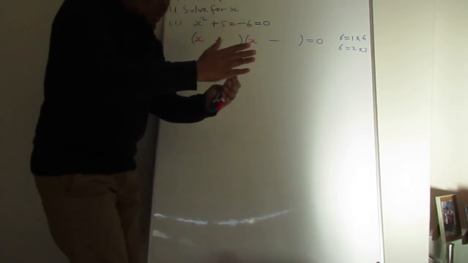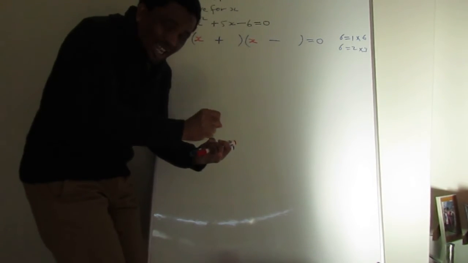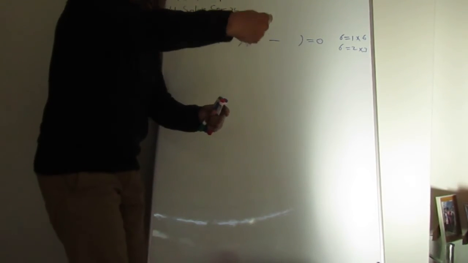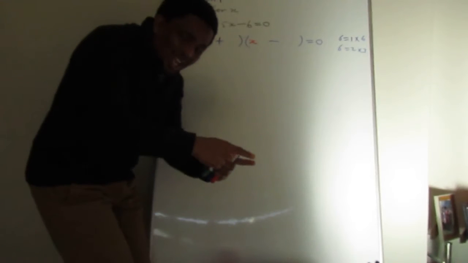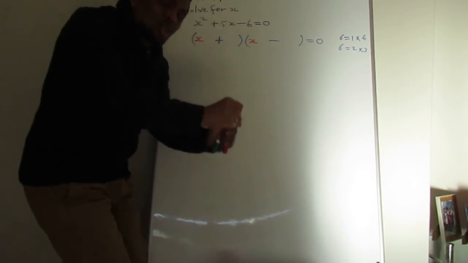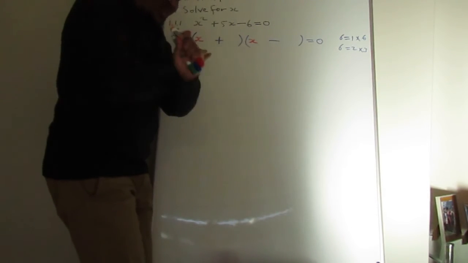Now we have a rule. What does the rule say? The rule states that you are going to choose a set of factors whereby if you add or subtract those factors, they must give you the middle term. That's very important.